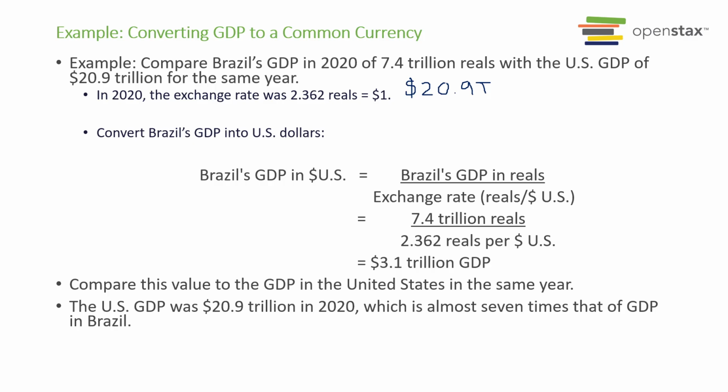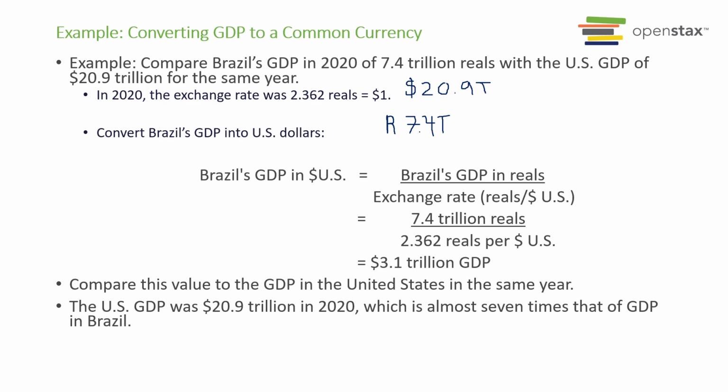And we've got 7.4 trillion, and let's put just an R for real. So the question would be, how do we create this calculation and write it so we can compare it to this one here? And so you're going to use the exchange rate. The exchange rate is 2.362 reals equals $1, right?